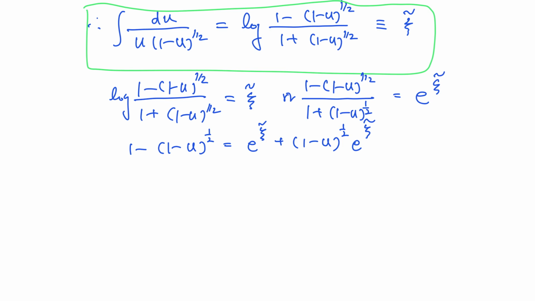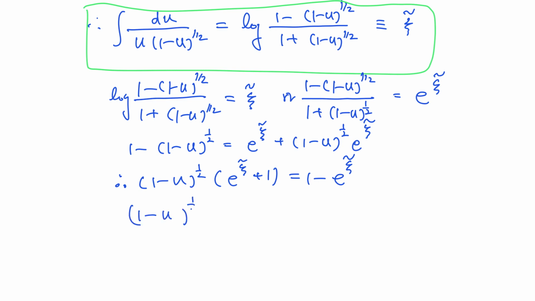So I just multiplied, 1 minus this is this plus this. So therefore, (1 minus u)^1/2 is exponential tilde plus 1 is 1 minus exponential tilde. So (1 minus u) to the half is 1 plus exponential tilde over 1 minus exponential tilde.